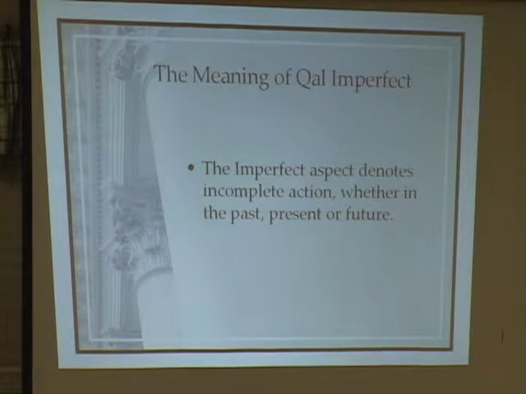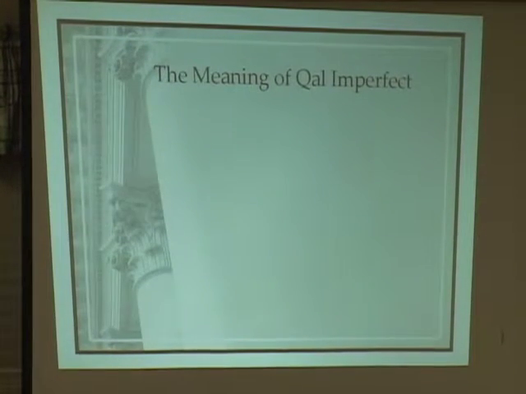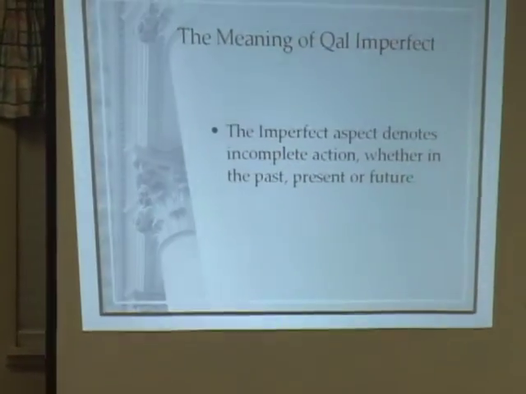Would and should. I would have read that book if I knew something about it or whatever. So in English it's actually, is it a future perfect tense? Future perfect tense. I would have. The imperfect aspect denotes incomplete action, whether in past, present, or future.